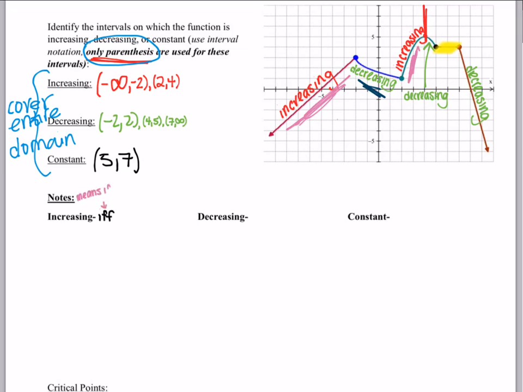So I'm starting off over here, and we're going to introduce a new vocabulary phrase, IFF, which is if and only if.